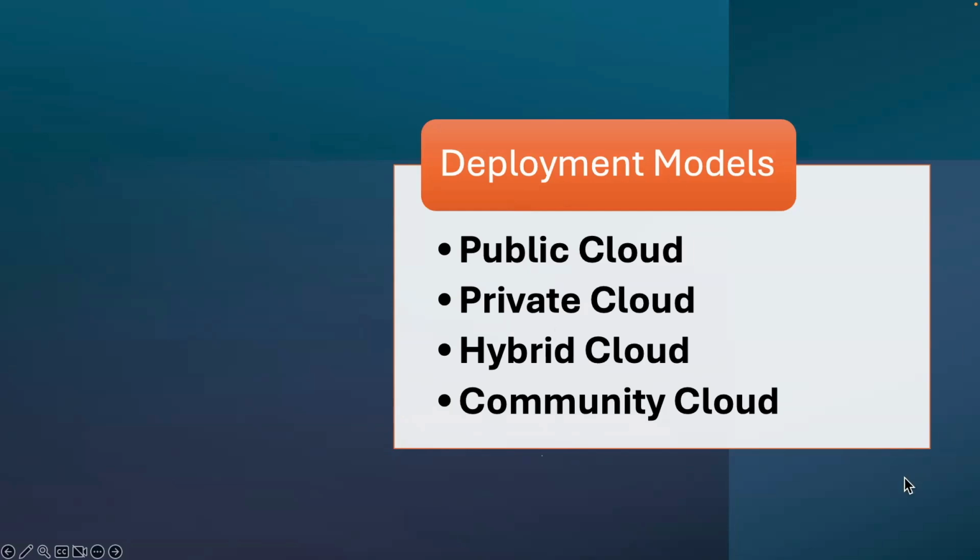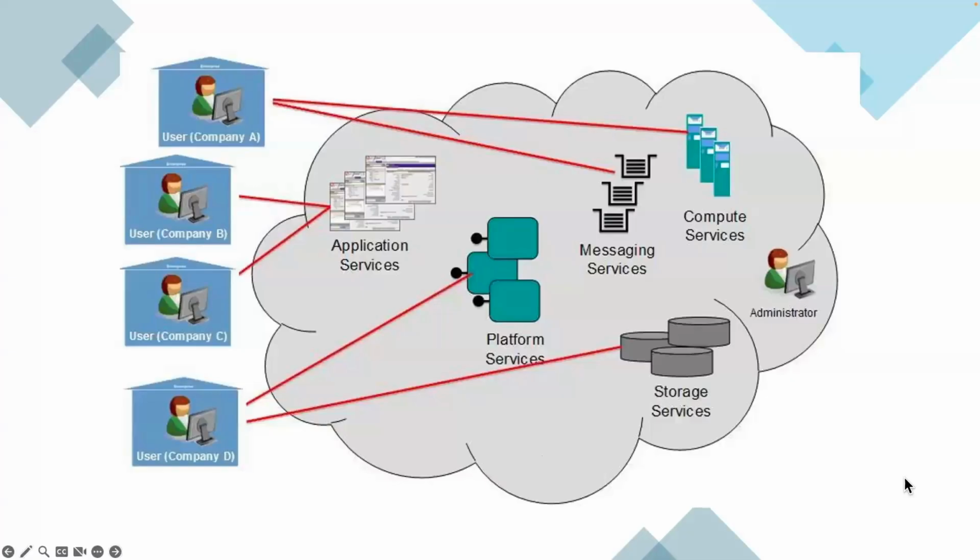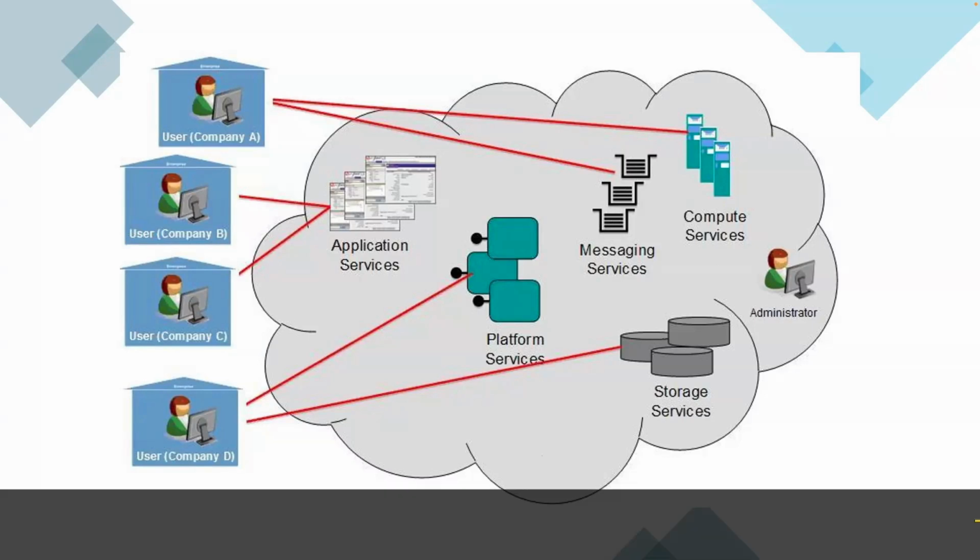All right, public cloud. First, let's understand what public cloud is. Public cloud means there is a third party company that already has all the infrastructure, whatever we learned in the previous slides. That is public cloud.